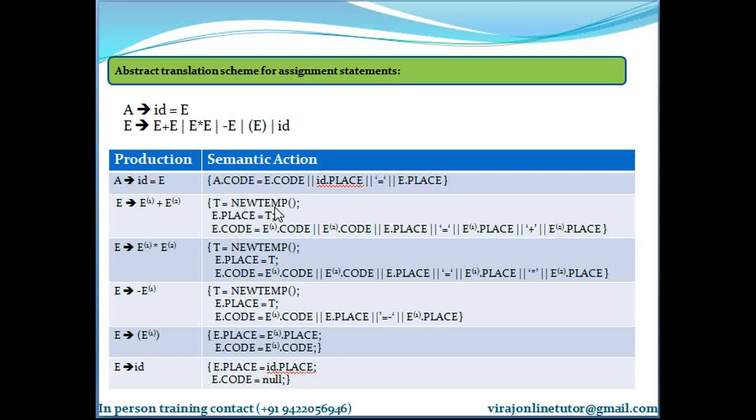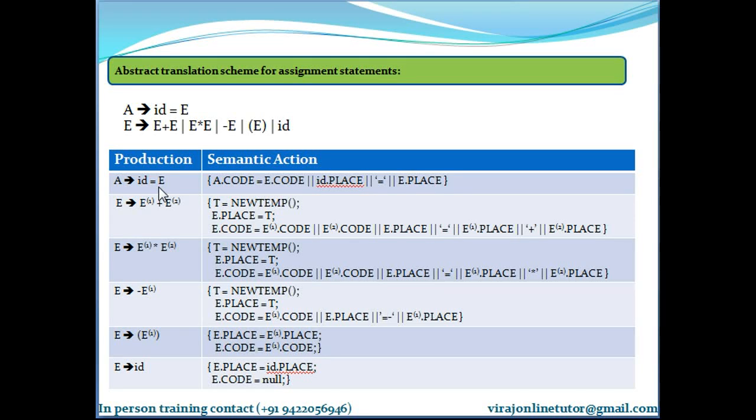Now let's go through the semantic action involved with each of the productions here. For this assignment statement, what exactly happens internally? Whatever is the value of E gets assigned to id.